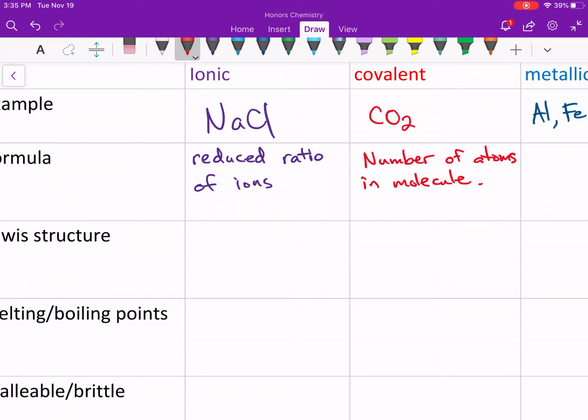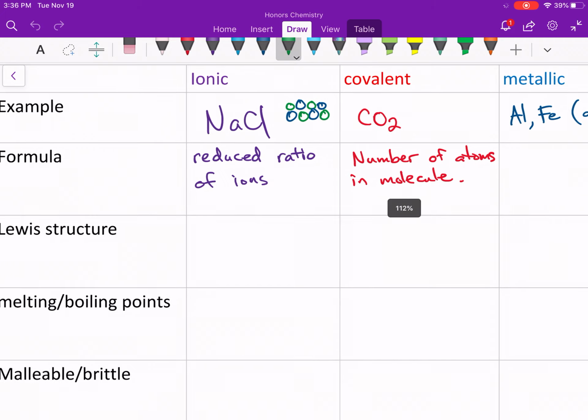Whereas with an ionic compound, it's just a reduced ratio, because with an ionic compound, what you have is just a crystal. That crystal can be just a repetition of positive and negative ions over and over and over again, usually trillions and trillions of times. So when we write the formula, all we're doing is saying that the ratio is 1-to-1 or the ratio is 1-to-2 or whatever the case may be.